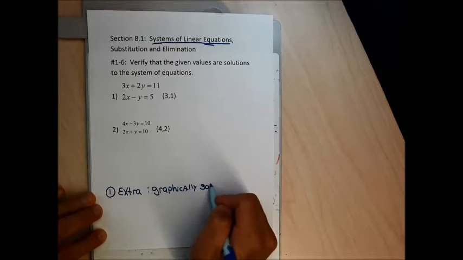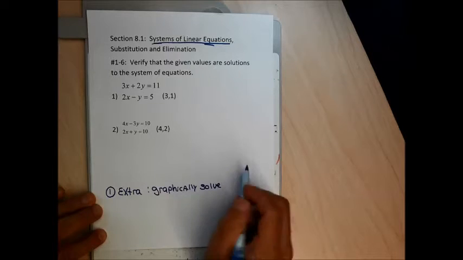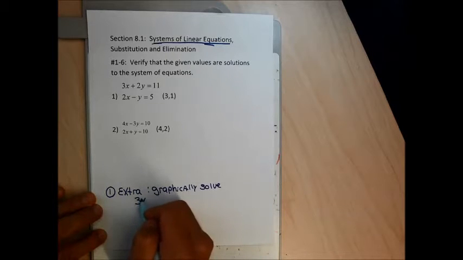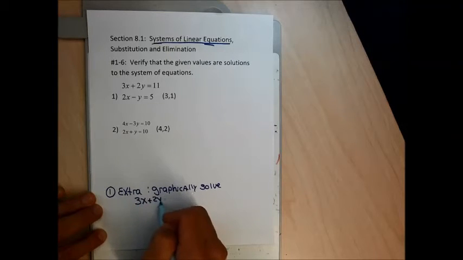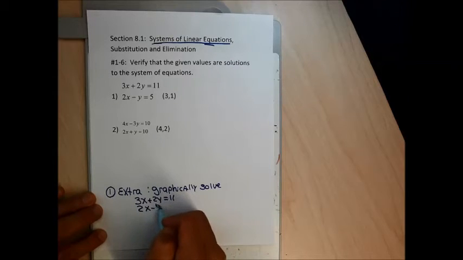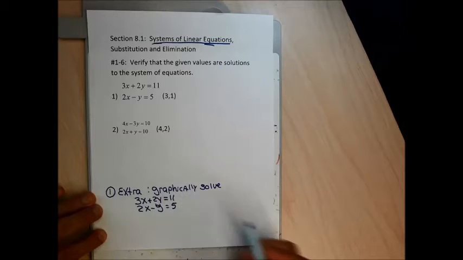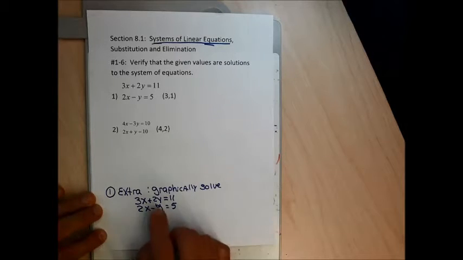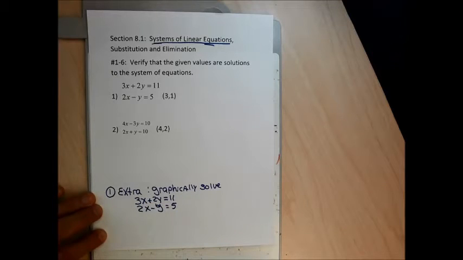solve the system 3x plus 2y equals 11 and 2x minus y equals 5. Graphically, what we're finding is where the graphs of the equations intersect. So in order to solve this graphically, we need to rewrite each equation and solve it for y.